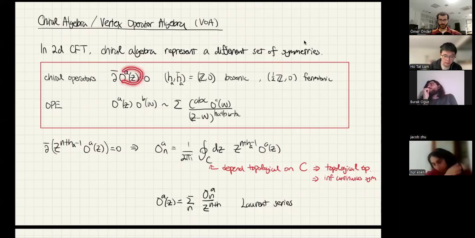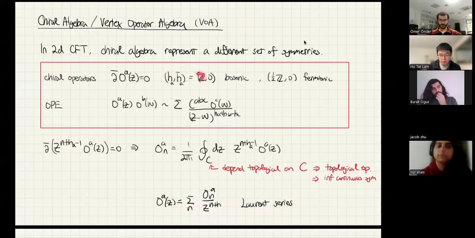That means these operators are annihilated by partial bar. One can show that this implies these operators necessarily have h bar equal to 0, but they can have nontrivial h. Using modular T transformations, one can show that this puts constraints on h: h has to be an integer in bosonic theories and a half integer in fermionic theories.